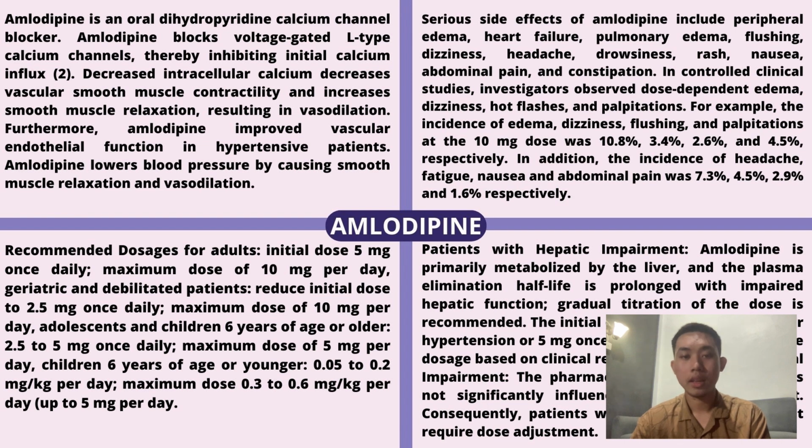For example, the incidence of edema, dizziness, flushing, and palpitation at the 10 mg dose was 10.8%, 3.4%, 2.6%, and 4.5%, respectively. In addition, the incidence of headaches, fatigue, nausea, and abdominal pain was 7.3%, 4.5%, 2.9%, and 1.6%, respectively.